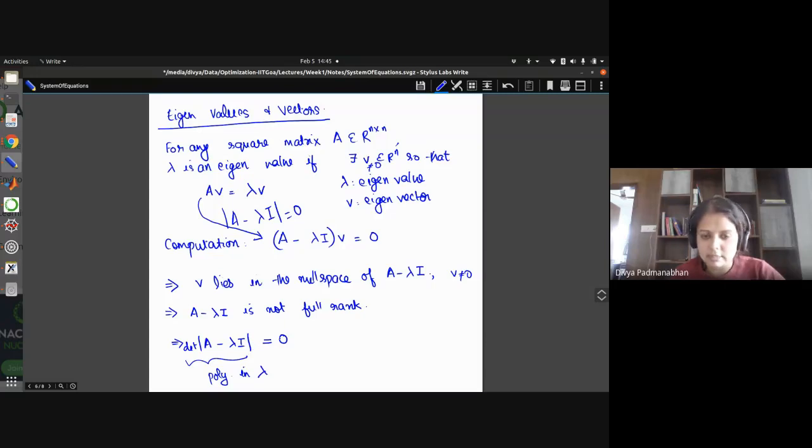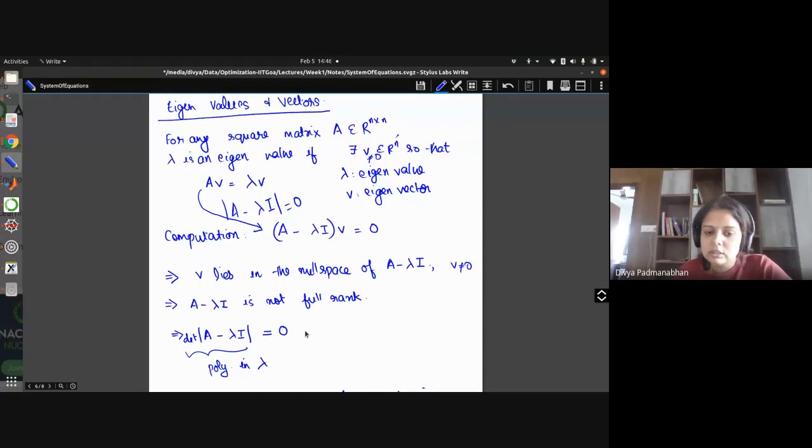That is probably something you've already seen, but this connection with null space is also something you should remember. This is the reason why you find the lambdas this way: you take the determinant, which is a polynomial in lambda, and you solve for the roots of this polynomial.